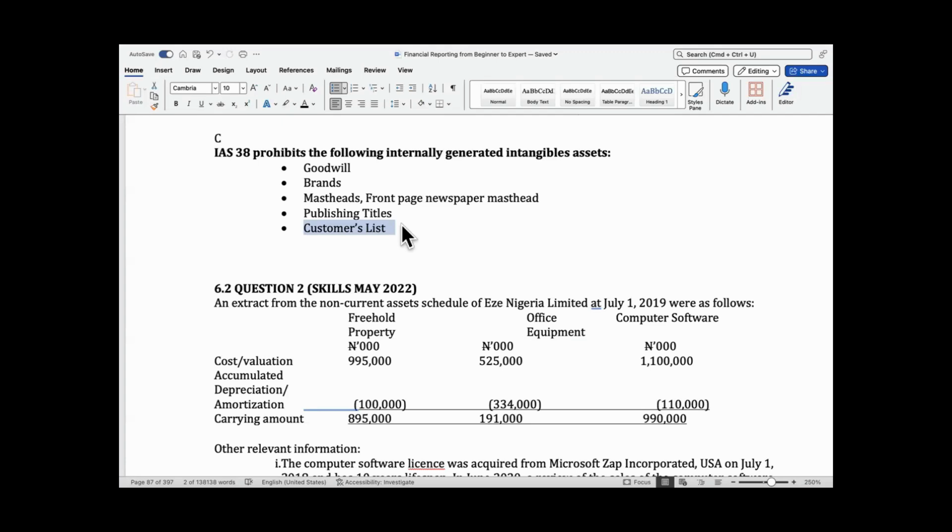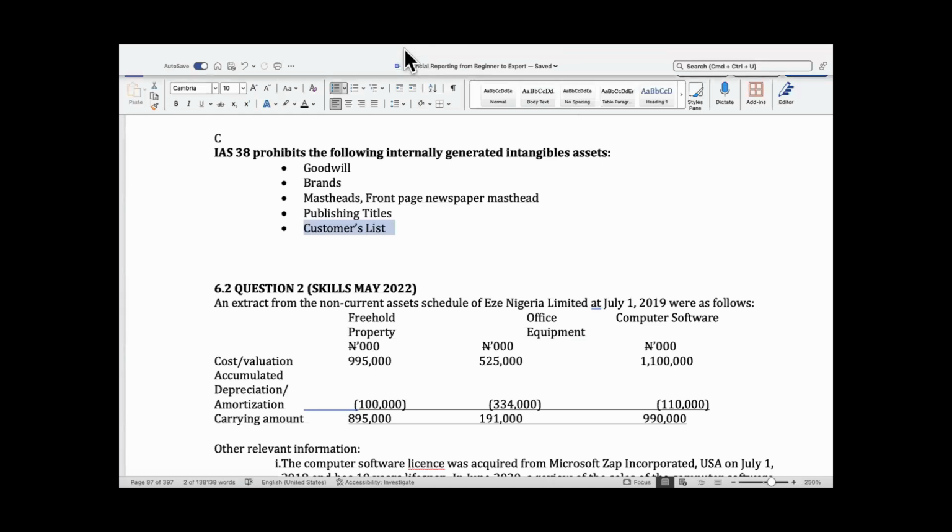Then going into recognition, I told you it's the same, no difference with PPE. Then we went on to measurement. For measurement, the new thing was internally generated intangible assets, which are prohibited because we cannot measure the benefits and the costs reliably, so they are prohibited from being entered in our books.